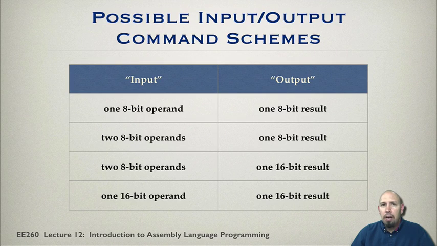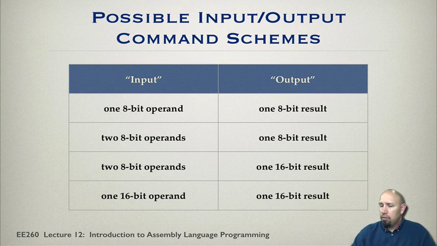There are a number of possibilities when it comes to the input and output command schemes. And we're going to see this as we go through and look carefully at all the various commands that are available in the ATmega 328. We'll do that in the next lecture. We'll look at many of the specific instructions.